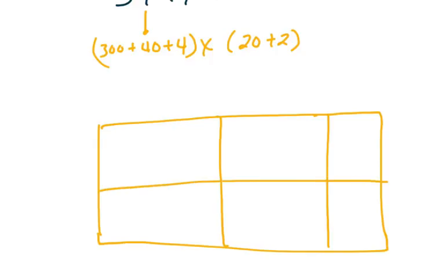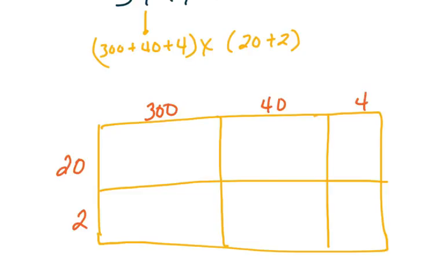So on the side, I'm going to put 20 and 2, because I have it set up to where my 2-digit number is going to fit on the side and my 3-digit number is going to go across the top. So 300, 40, and 4.